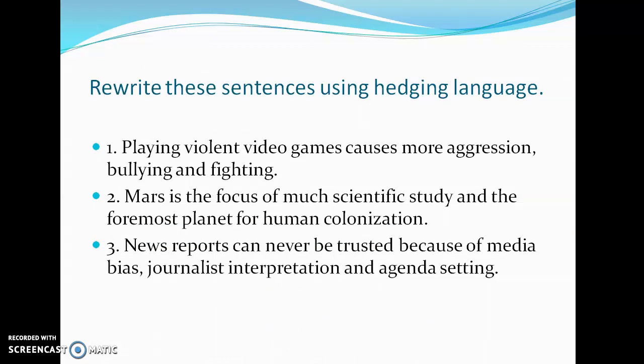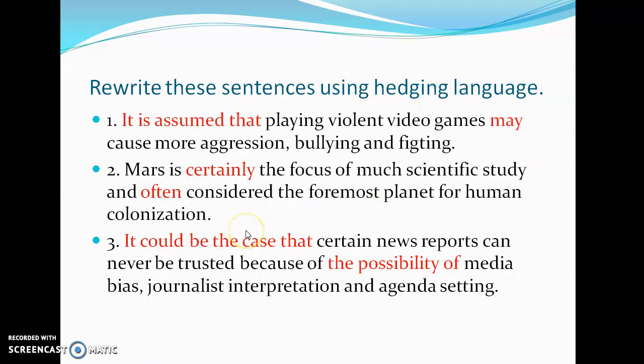So here are the practice exercises. Playing violent video games causes more aggression, bullying, and fighting. This is a categorical statement. This means that while you are reading this statement, you can see the absoluteness.